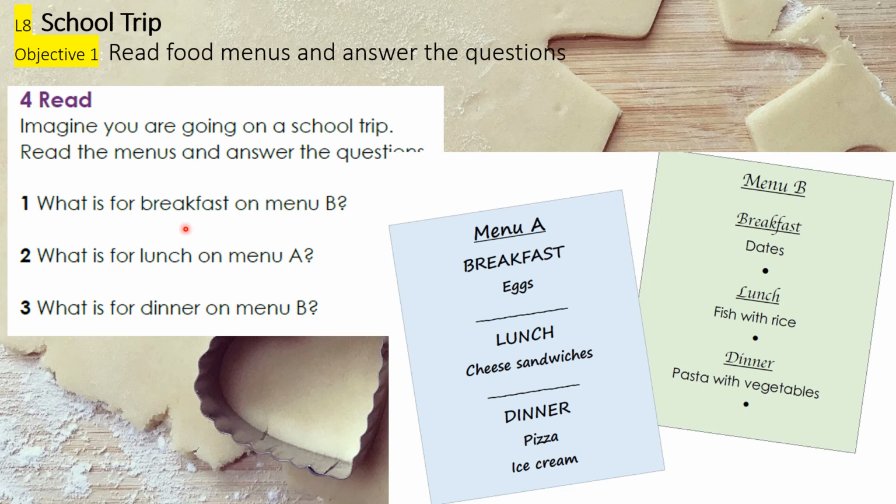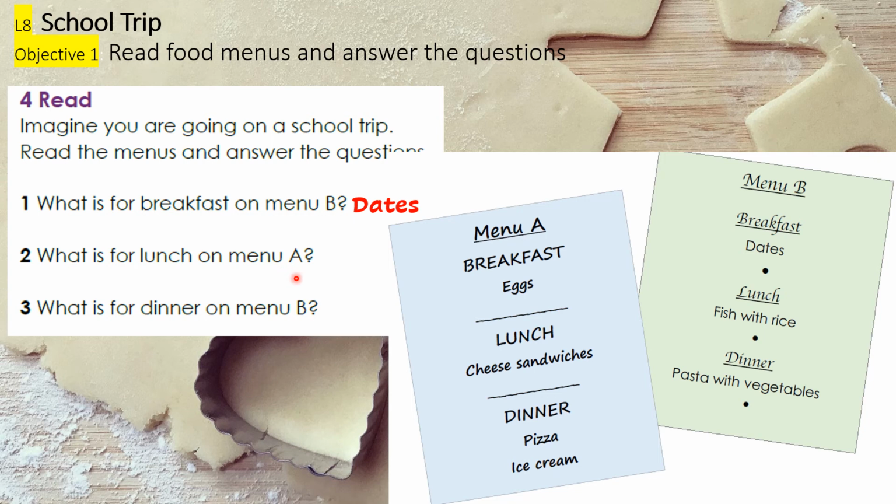What's for breakfast on menu B? So we have to look at menu B and go for the breakfast. Here, dates. So, dates is for breakfast on menu B. The second question, what's for lunch on menu A?